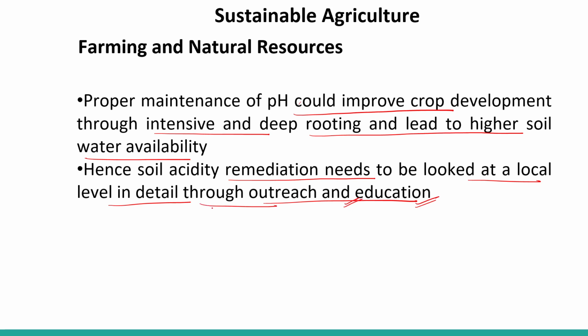Agriculture people must reach these farmers and educate them about soil acidity and how to get rid of it. What practices should be stopped immediately, and what new practices they should adopt to minimize soil acidity or maintain the suitable pH for crop growth.